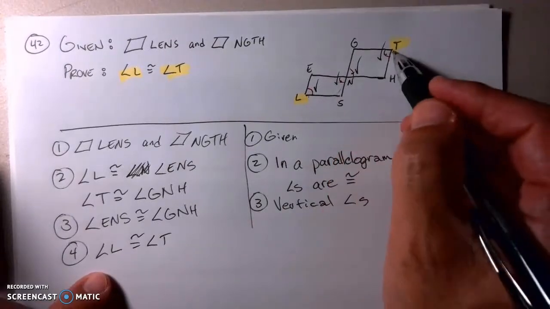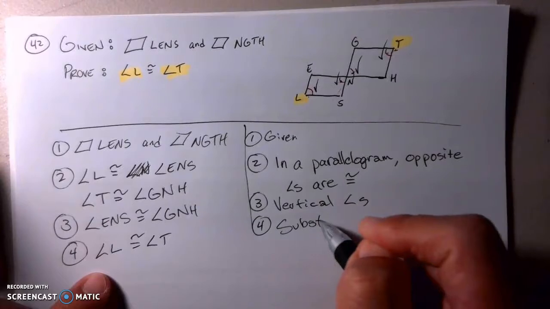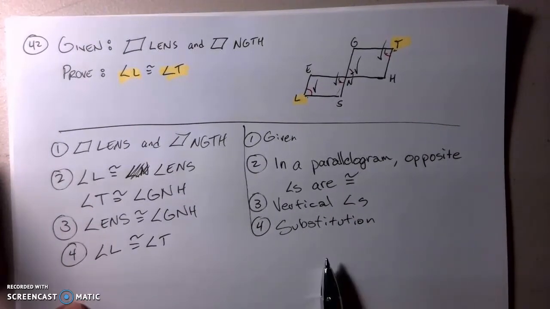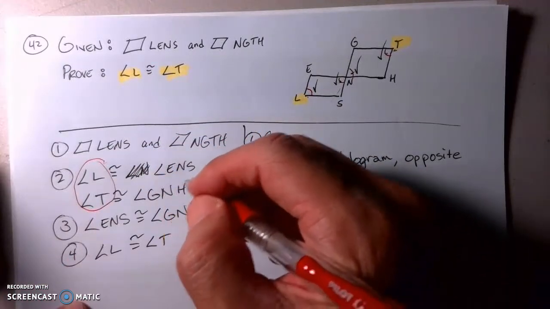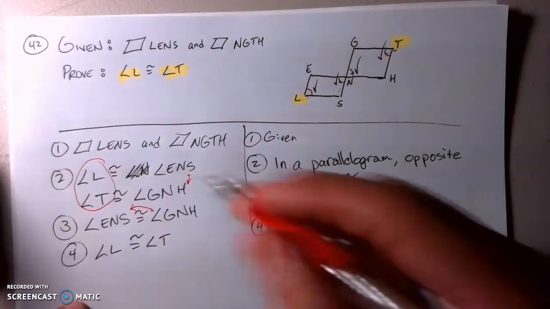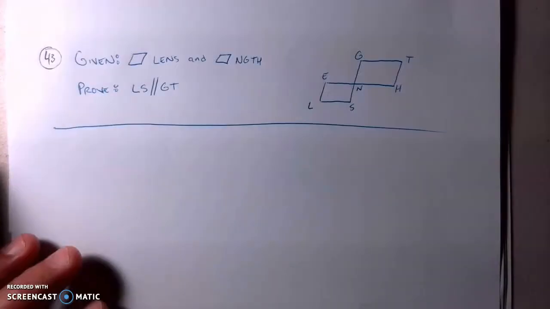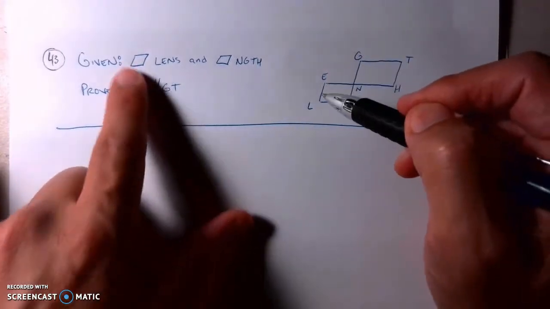So now the far extreme angles are equal, and we'll go with substitution. You're doing actually kind of two substitutions here, but we are going to substitute. Basically, you have a lot of different parts that are equal within these three things here. You're equal to this, and these are equal to that, and then eventually you can get down to L is equal to T. Substitution.